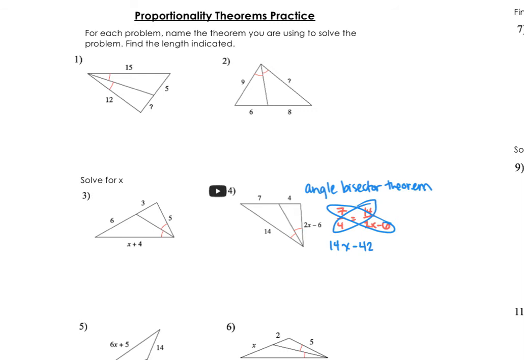And then we do 14 times 4, which is 56. And then to solve, we add 42. So 14x equals 98. And then divide both sides by 14. We get x equals 7.